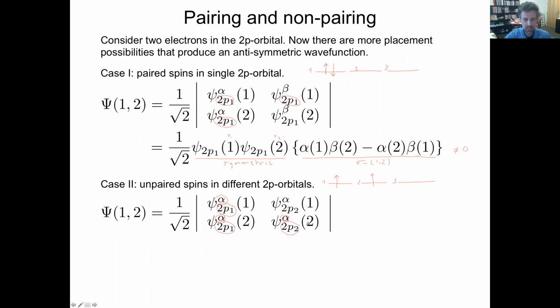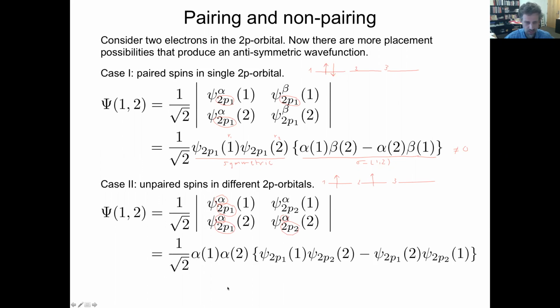So this is what the Slater determinant looks like in the case of unpaired spins of 2 electrons that now are in different p orbital states. And the result is this. If I multiply this out and again collect terms for the spin states and the orbital states, you see something very, very interesting. Hopefully you can see this as well. Because now it looks different.